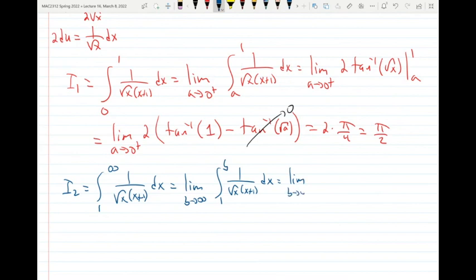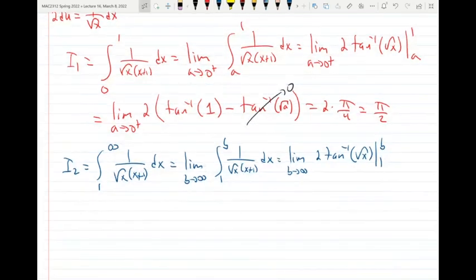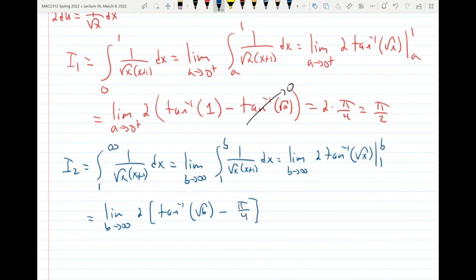So as b approaches infinity, 2 inverse tangent of the square root of x from 1 to b becomes 2 times inverse tangent of square root of b minus inverse tangent of 1. We already know that's pi over 4, right? And what happens to this limit? When b approaches infinity, the square root of infinity is just infinity. So inverse tangent of something approaching infinity, what is it? Pi over 2.